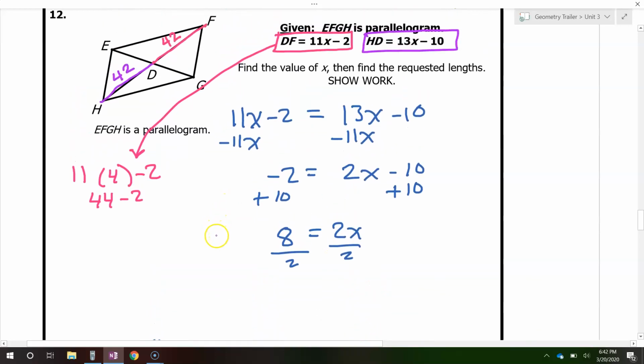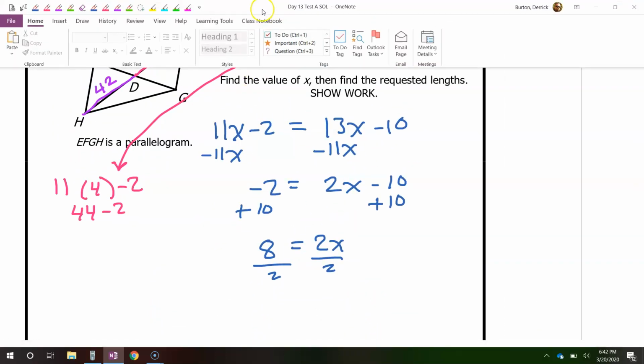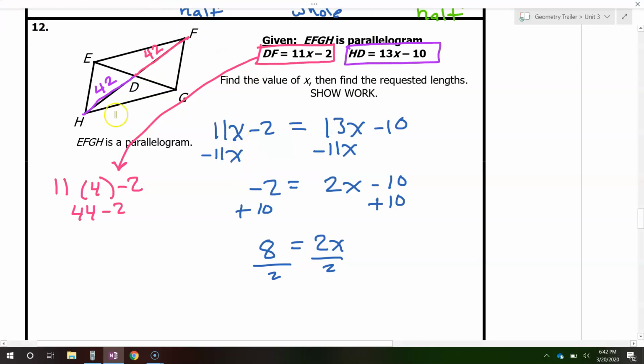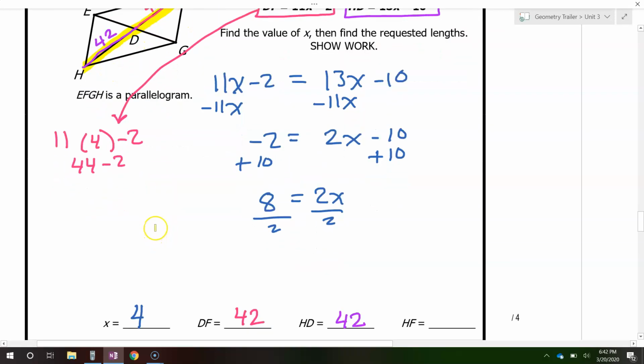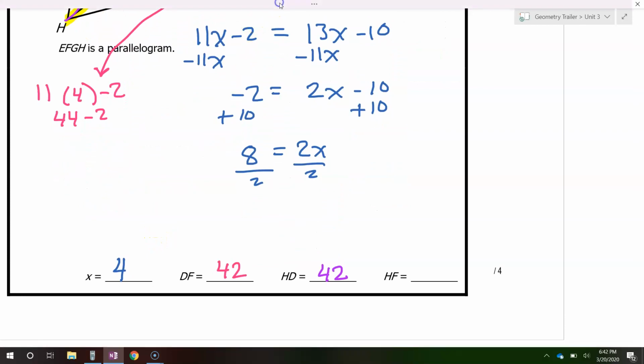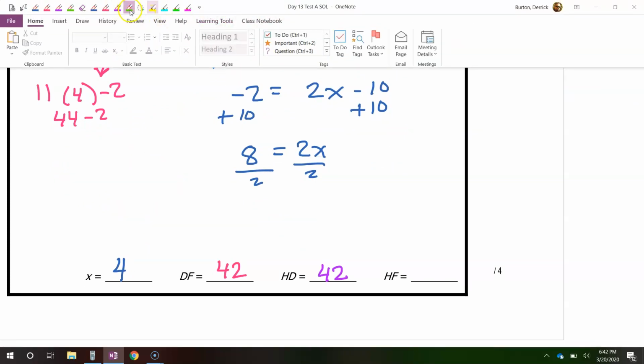Now, what about HF? I'm hoping you can see that HF is the whole thing. That's 42 plus 42, that's 84. So HF should be 84.